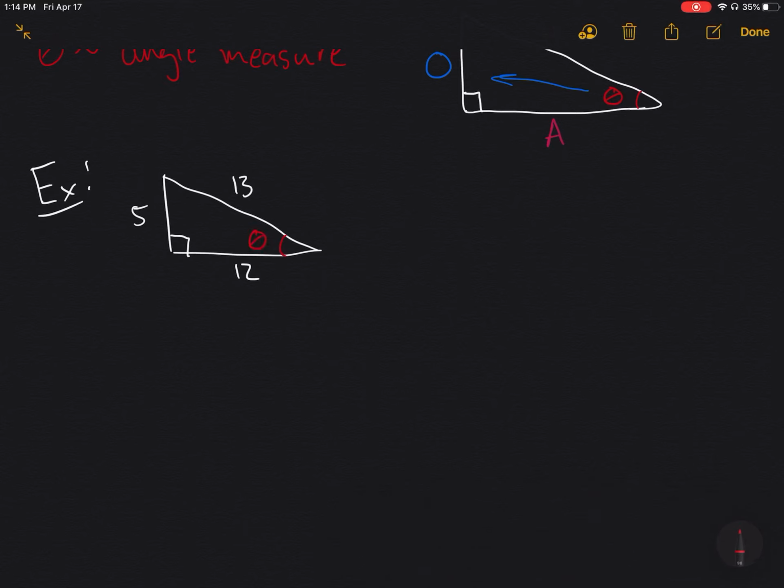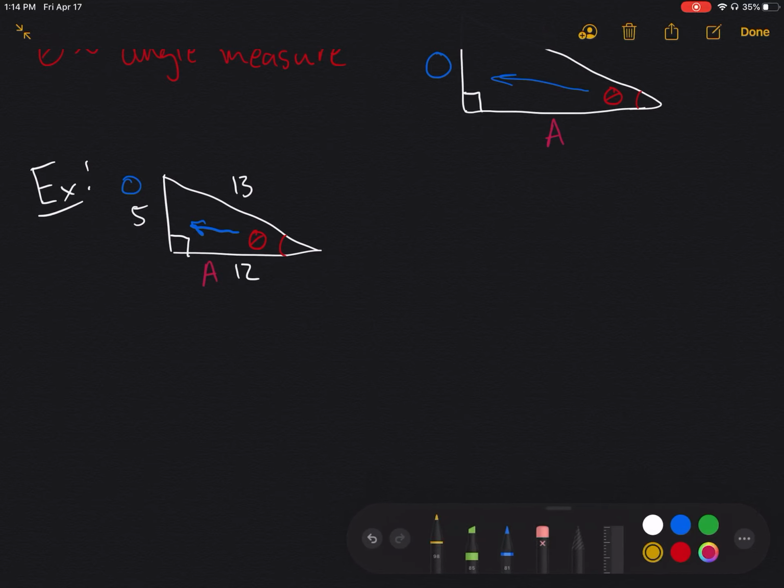And so everything we do, we want to do with respect to that angle. So the first question we might ask ourselves is, how are we going to label our three sides? So the first side we want to find is the opposite side. Well, the opposite side is on the opposite side of the triangle. So 5 would be our opposite side. 12 is not the hypotenuse. It's also not the opposite, so it's going to be the adjacent. And then 13 is our longest side. That would be our hypotenuse.